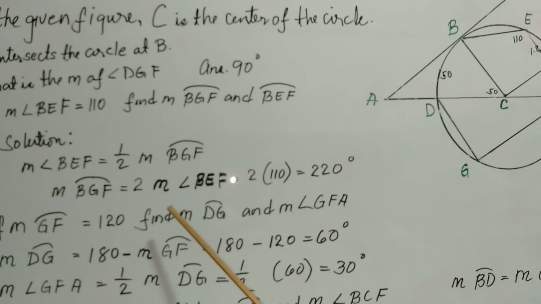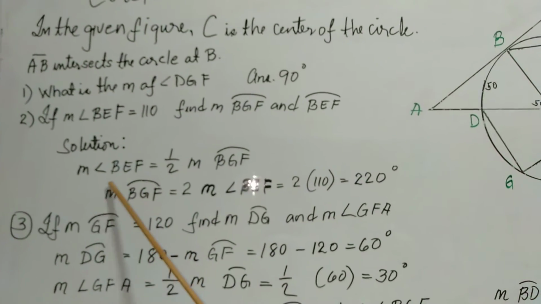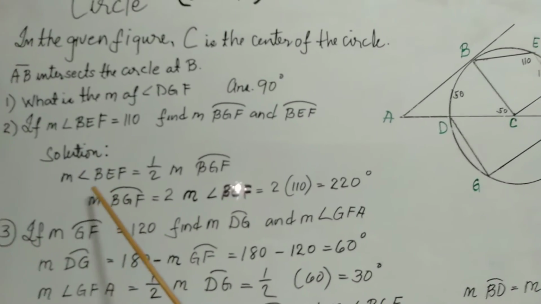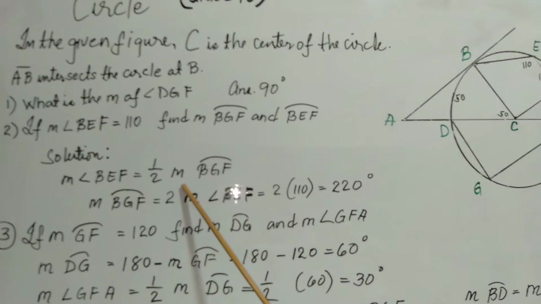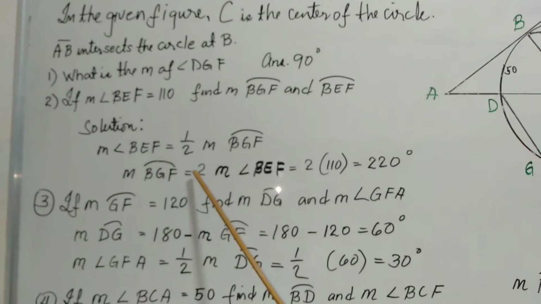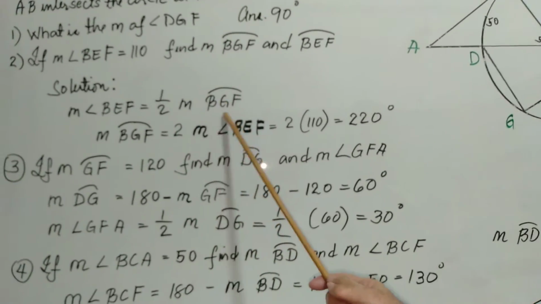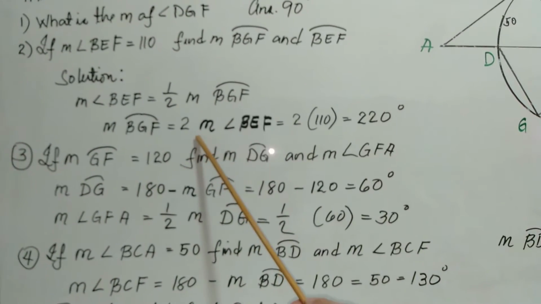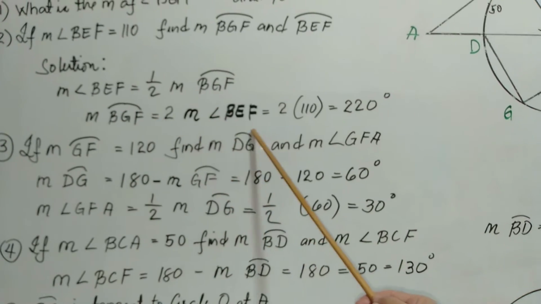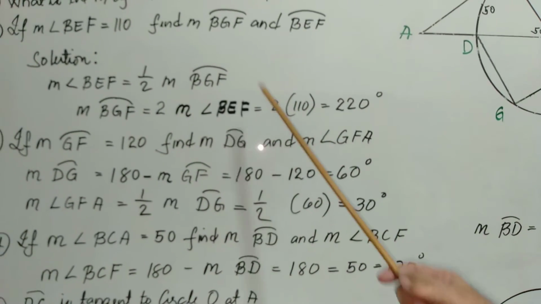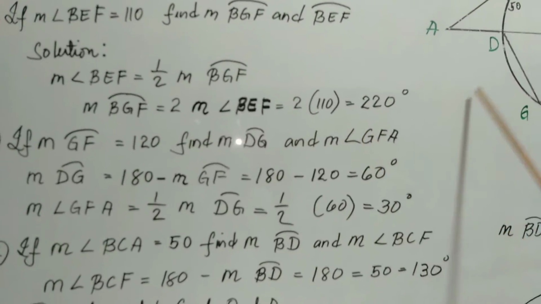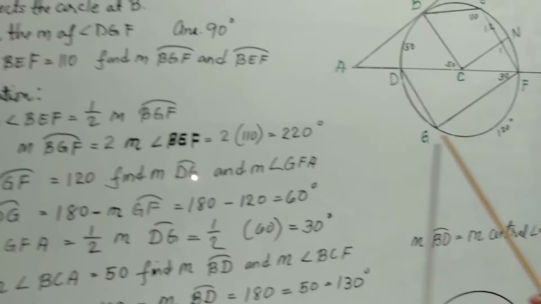So the measure of angle BEF is equal to 1/2 of the arc BGF, and it follows that the measure of arc BGF is twice the measure of angle BEF. That will be 2 times 110, which is 220. So the arc BGF is equal to 220 degrees.